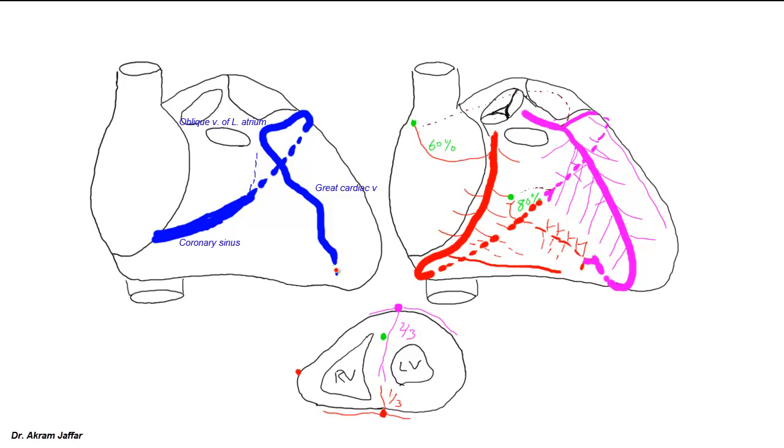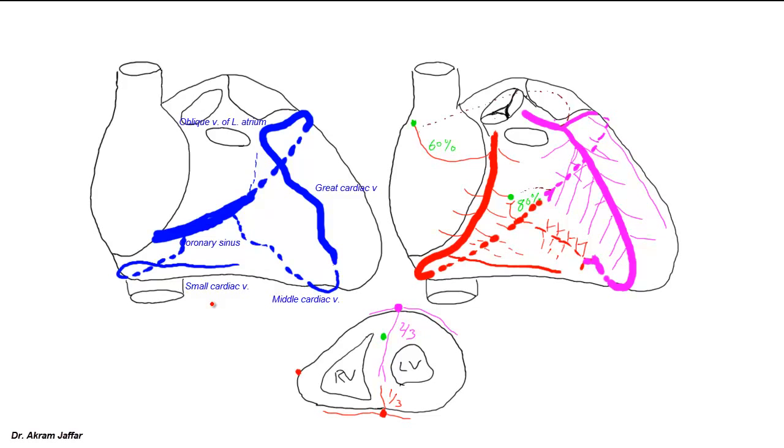There is another vein that runs on the inferior surface of the heart and accompanies the posterior interventricular artery. This is called the middle cardiac vein. Another vein runs parallel to the inferior border of the heart and accompanies the right marginal artery, and this is called the small cardiac vein, also drains into the coronary sinus.